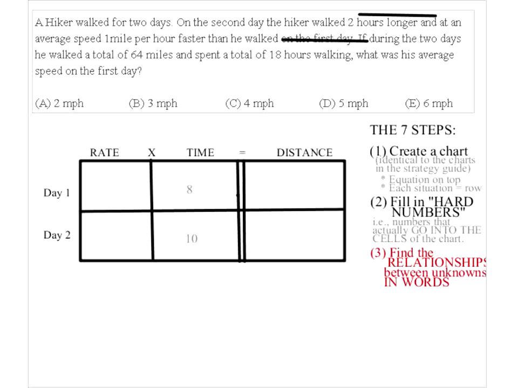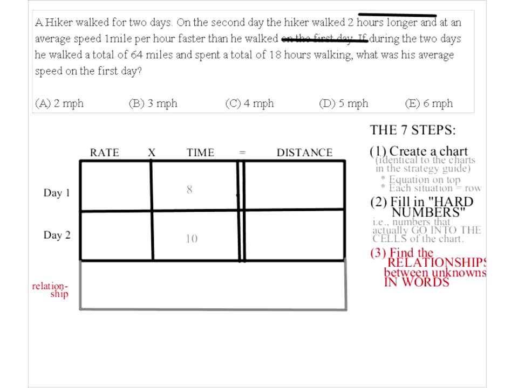Don't define a variable yet. The way that I do this in my 7-step method is I create a separate row of the chart that says relationship. It's like having a third row in your chart, but we're going to fill this row with words instead of with numbers.